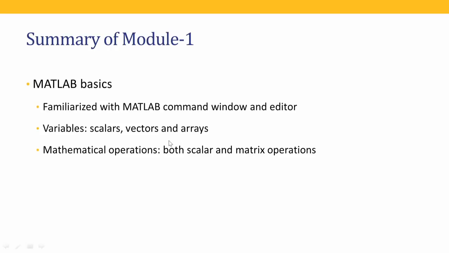We also looked at both scalar as well as matrix operations, A multiplied by B using A star B, as well as A dot star B, which was an element by element multiplication. So, both of these types of mathematical operations we covered. We also covered trigonometric operations, and operations such as sum, prod, cumsum, cumprod, and so on and so forth. So, a wide range of operations we have covered in lecture 1.2.